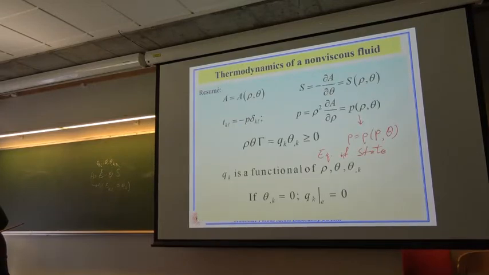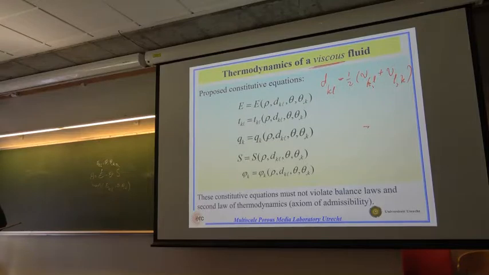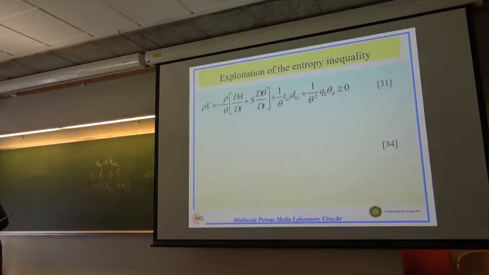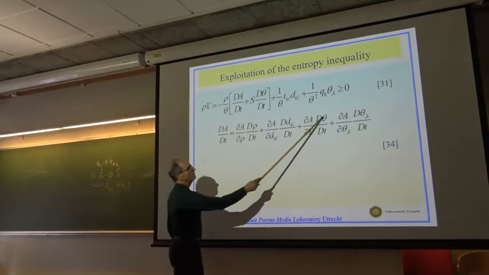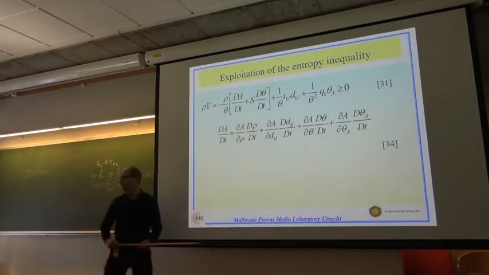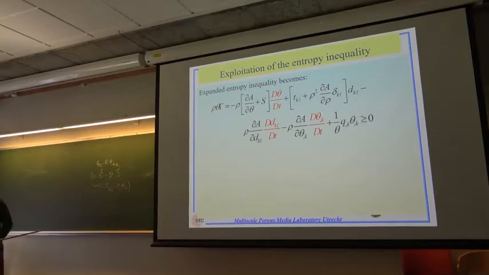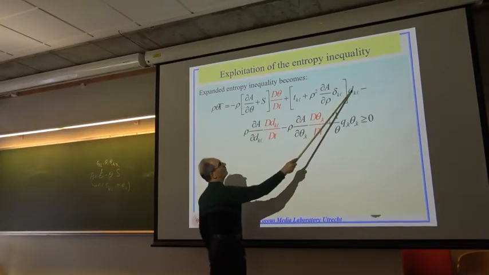And so if we include that, and now we go to the entropy inequality and substitute here dA dt, then dA dt has the rho dt in it, has this one in it, d theta dt and the derivative. For d rho dt, we substitute from mass balance. So if you put that there, and now if you put things together, this is not red anymore.